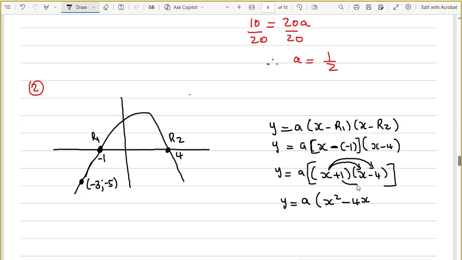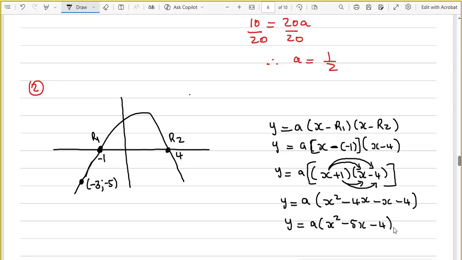You do the same, this times this, that will be negative x, and then this times this, that will give us minus 4. Right, so I'm going to say this will be a into x squared minus 5x minus 4.